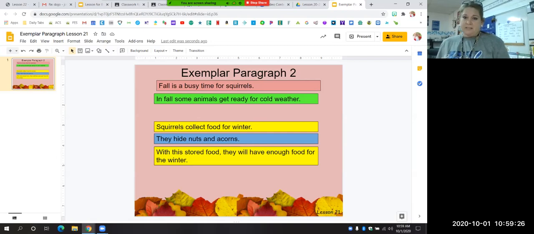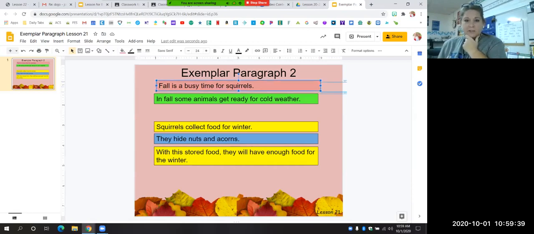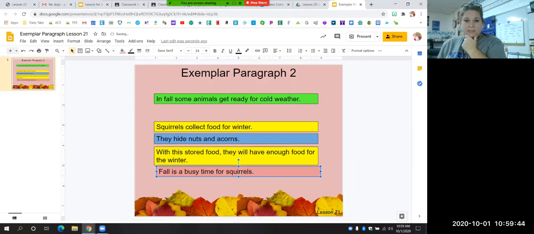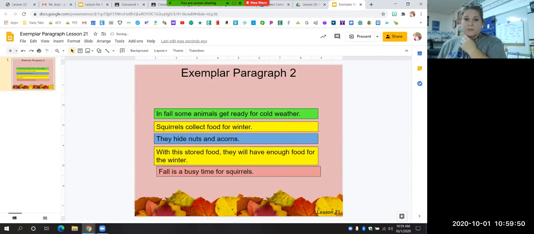This green sentence does not talk about squirrels, so it can't be the conclusion sentence. But this red sentence talks about how squirrels are so busy in the fall. I think that this one is our conclusion, which means that this sentence, which talks about some animals getting ready for the winter, would be the topic statement.